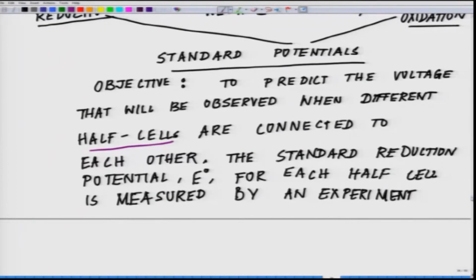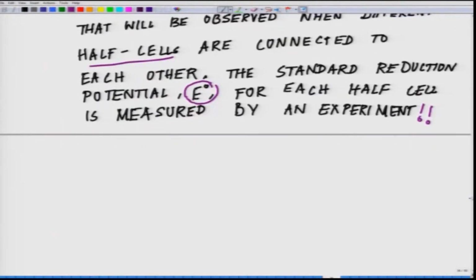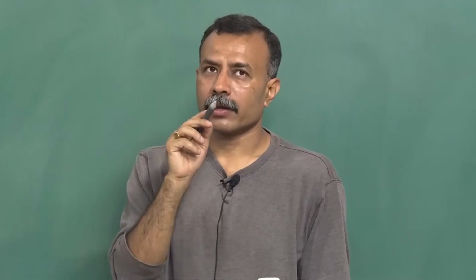The standard reduction potential E0 for each half cell is measured by an experiment, and we will talk about what is that experiment which helps us measure that individual E0 of silver and cadmium.